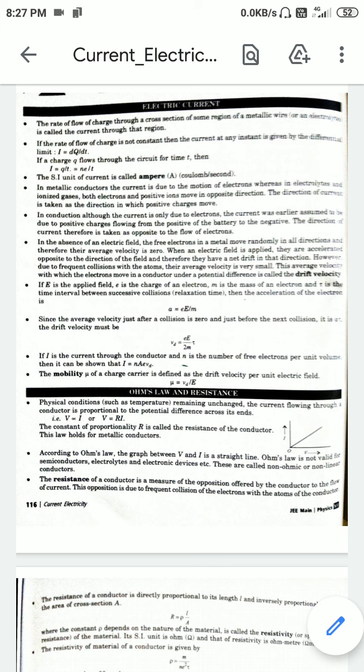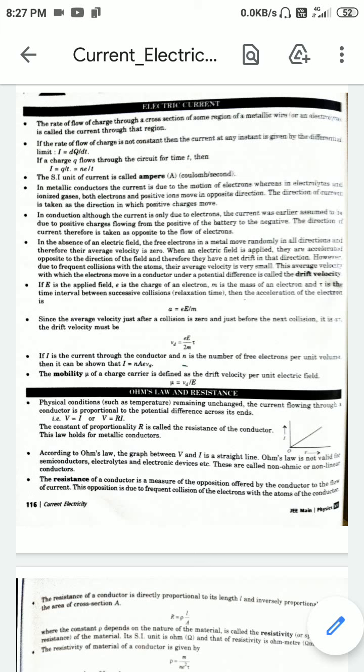Whenever you connect the circuit and pass the current, the direction of current is taken as the direction of positive charges. Okay, so from the positive of the battery the current is moving, and it is not the direction of electrons, that is the direction of positive charges. In conductors, although the current is only due to the electrons, the current was earlier assumed to be due to positive charges flowing from the positive of the battery to the negative.